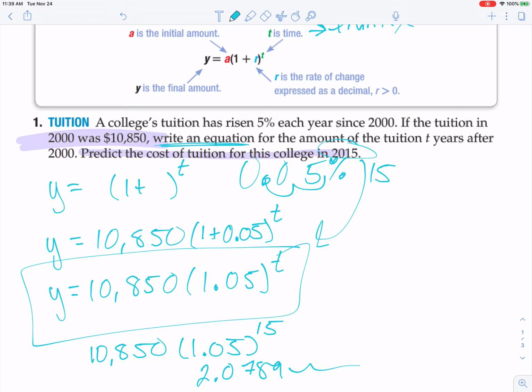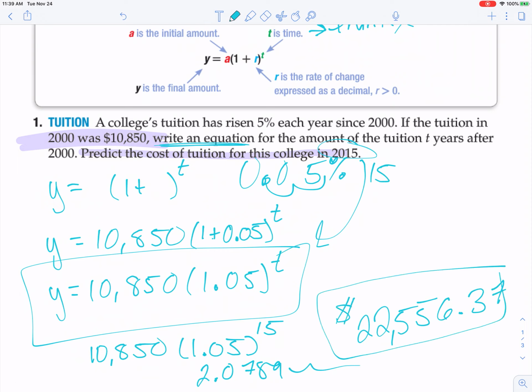And then multiply that by the original amount, 10,850. And that amount is a pretty large number, really. $22,556.37. Since it's money, I'm rounding to the nearest penny. And that's all you do, folks.